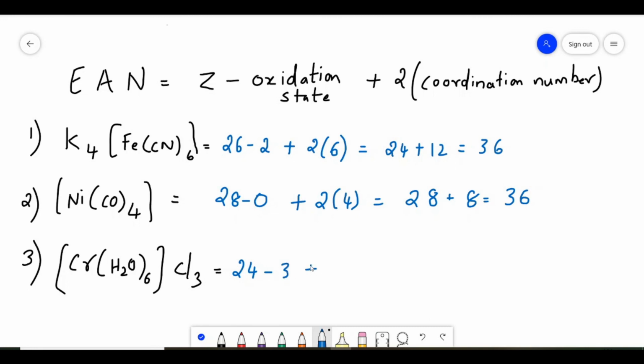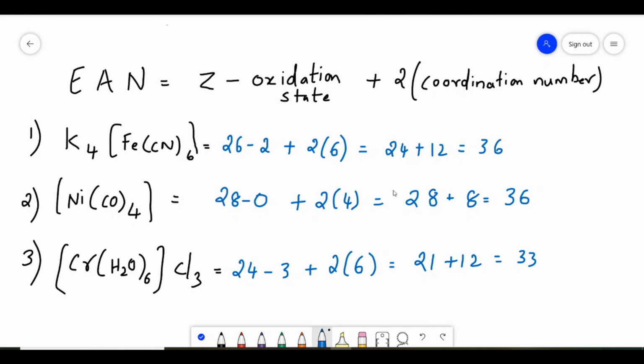So 3 plus 2 into coordination number, which is 6. So this is nothing but 24 minus 3 is 21, plus 12, which is equal to 33. So this is how we find the effective atomic number.